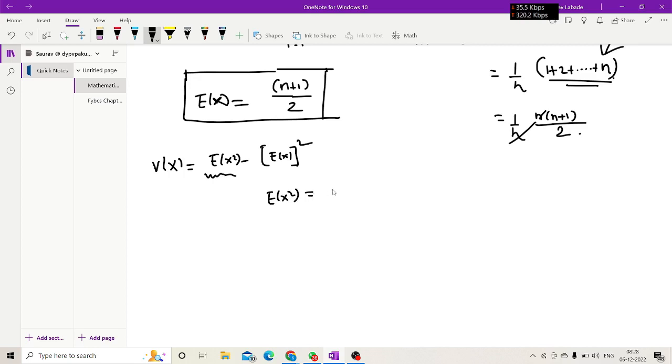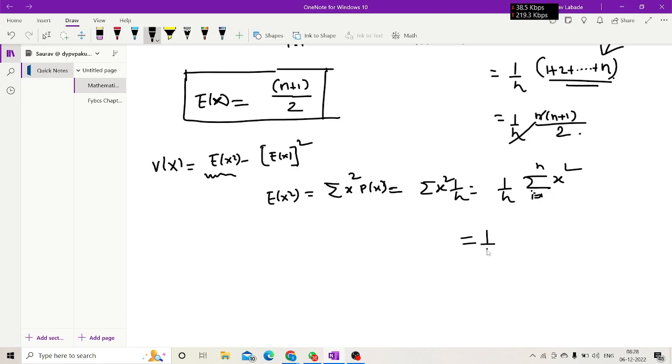The formula is summation of x square into p of x, which is 1 upon n. So this will be 1 upon n into summation of x square, i from 1 to n.